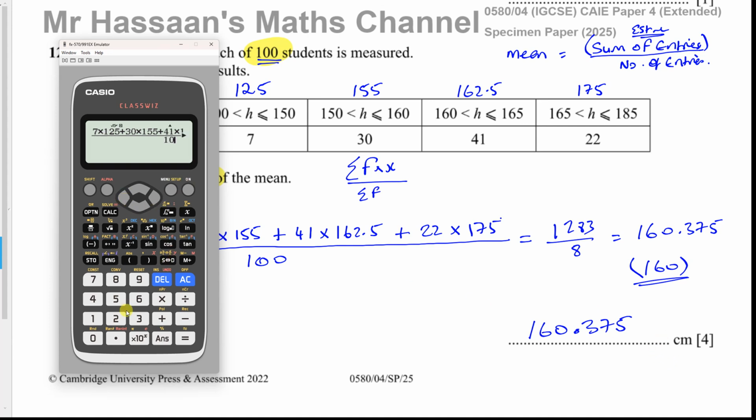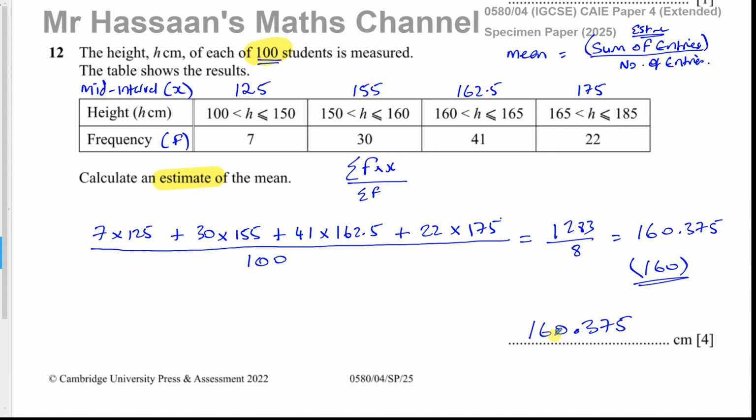Or you might, for example, have typed an extra 0 by mistake, in which case you would have got 16.0375. Now, of course, that's not their mean weight. The mean weight has to be somewhere in this region here. So if you do get an answer that's not within this range, then you're 100% sure you've done something wrong.